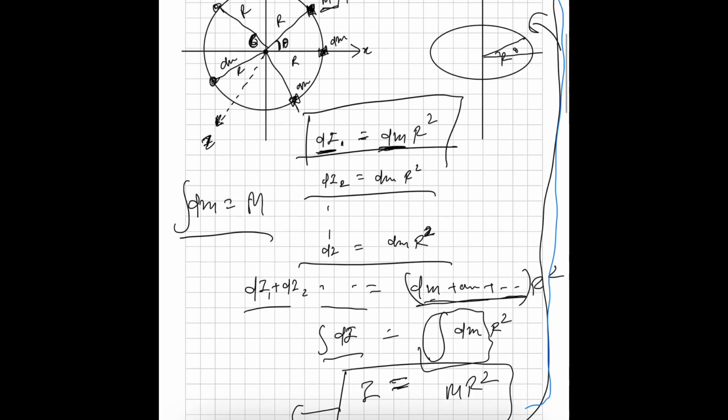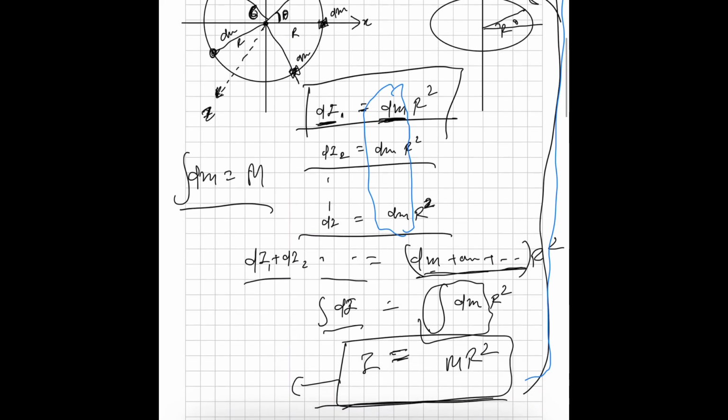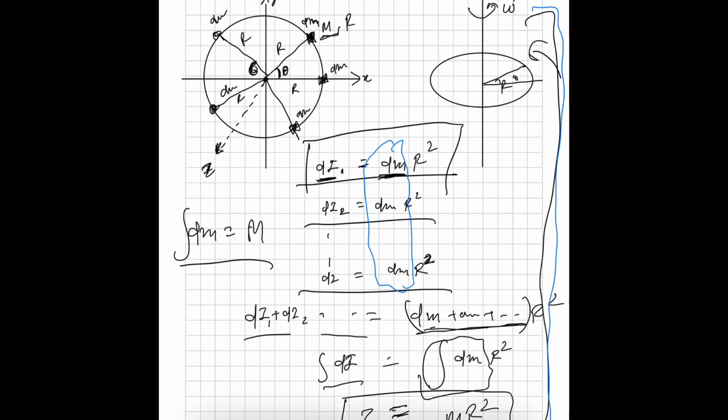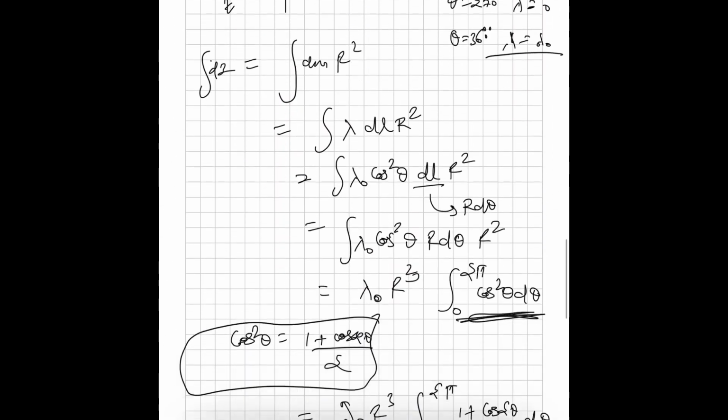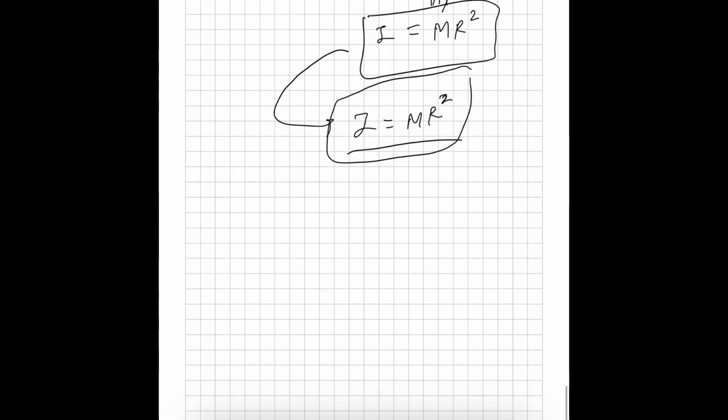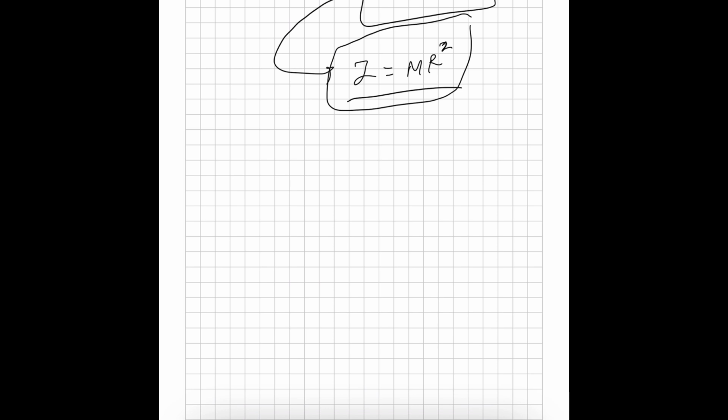So for constant linear density, all the dm's were the same, but for variable linear density, every dm will be different, but the total sum of them will be capital M. So that's why I'm getting this m r square. And if you use that brick analogy I gave you, we can see it using that also. I was getting I equals m r square for this mass.